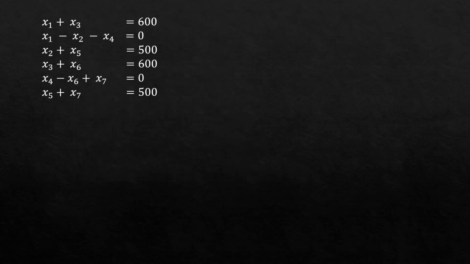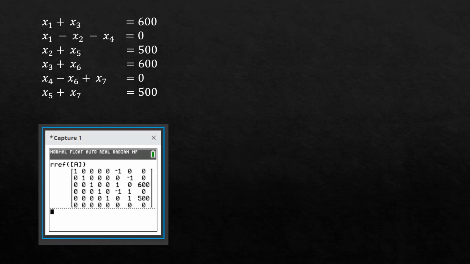Using the system of linear equations, by considering input equal to output at each junction and taking that to reduced row echelon form, we get this matrix. The last row here gives x5 plus x7 is 500.